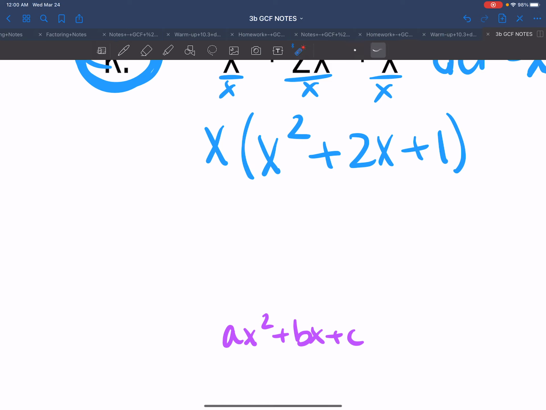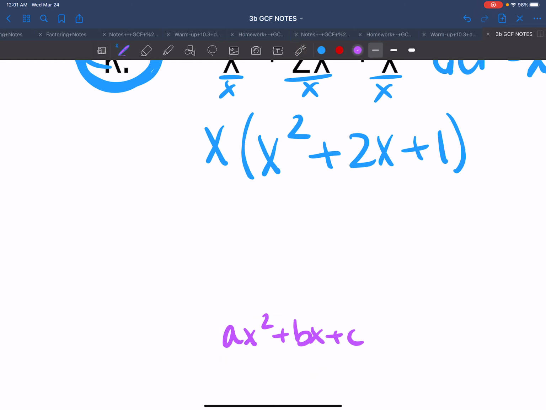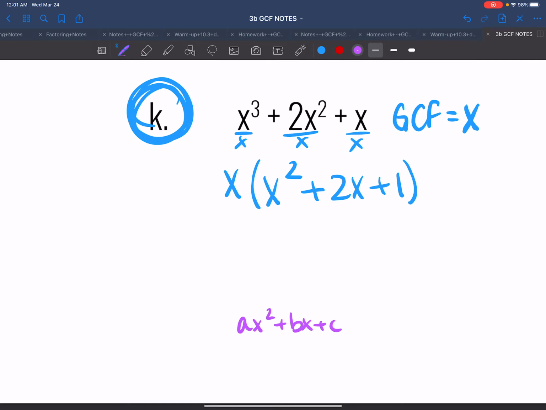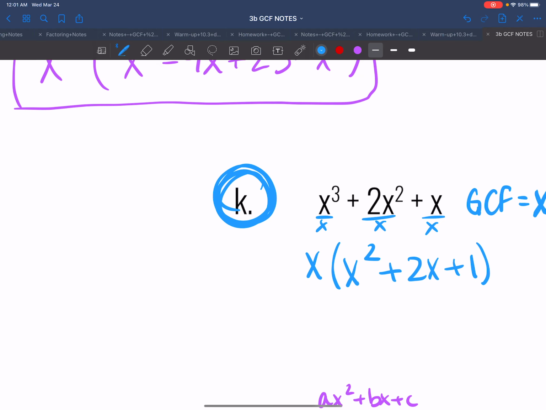So when we have quadratic trinomials like this that are in this quadratic standard form, we can actually factor this further using a method that we're going to learn on Friday. So this would technically not be correct if I stopped right here, because we should continue to factor this. We can break this down even more.